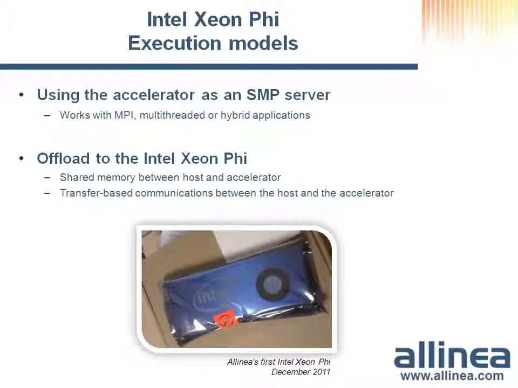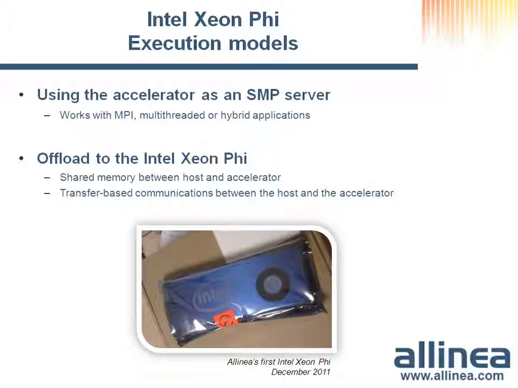So you can basically run a program on the host and using either shared memory or a transfer-based communication system, you can use the Intel Xeon Phi that is attached to this host as a real accelerator. Those execution models are all supported and we can already debug all those situations today.